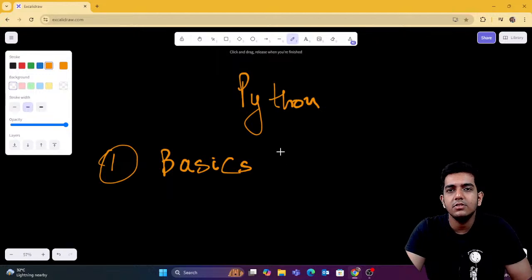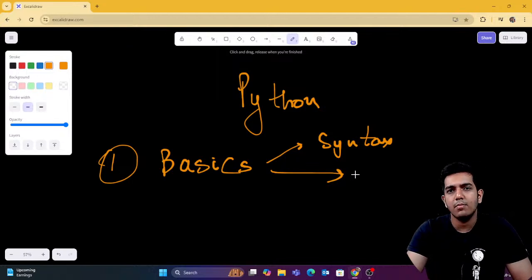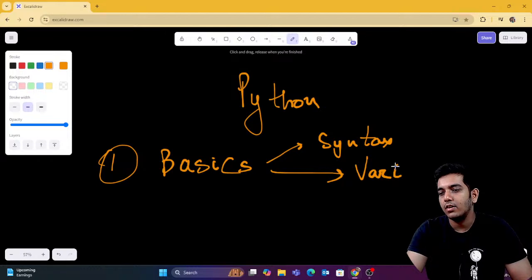You learn about the syntax, how to write the code. So the first thing which you learn is syntax. Then the second thing which you learn is variables, how you can define variables, what is the size of variables and so on.